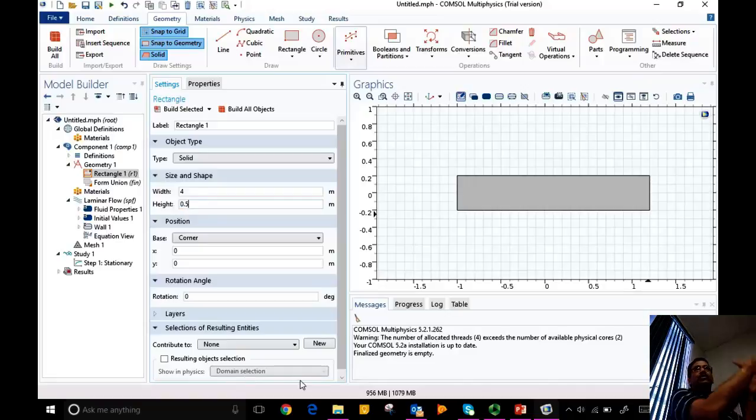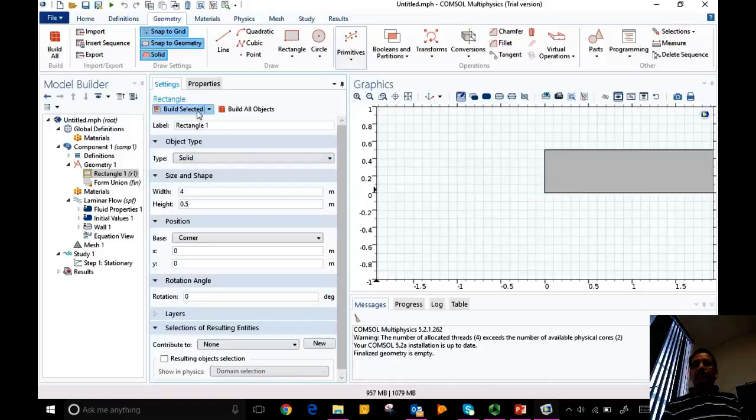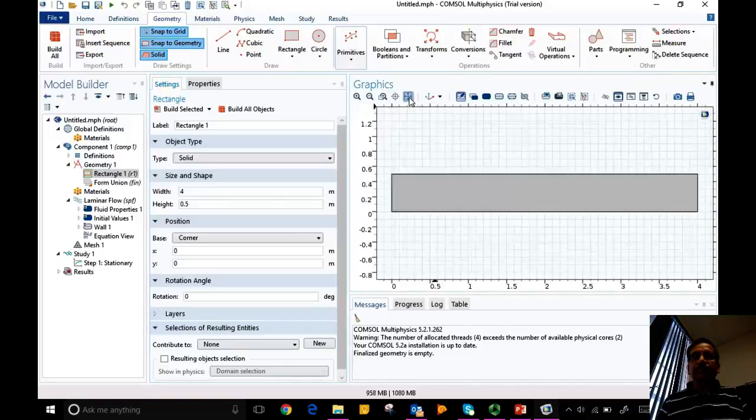You can also go and fill that and then say build, whichever way that you want. Okay, so build the selected one, and you can center that by clicking on zoom extents. Okay, so what I've done is I've drawn a rectangle, placing its origin at 0, 0 in this corner. You can place it in the center if you want, and then chosen this height as 0.5 and the length as 4. Okay.